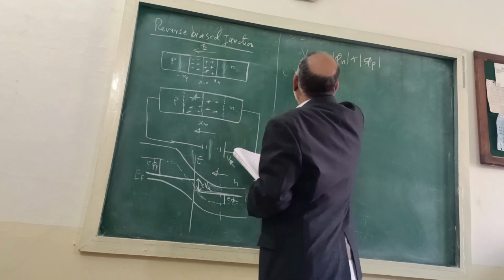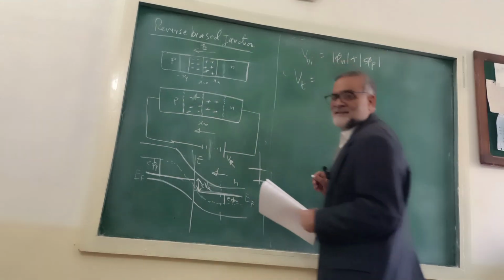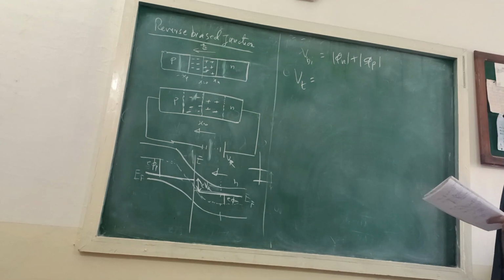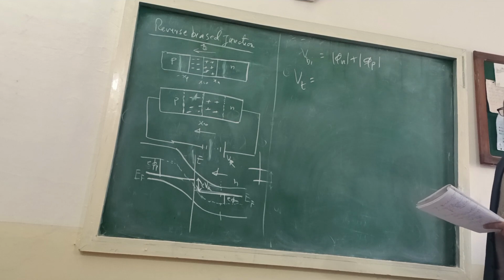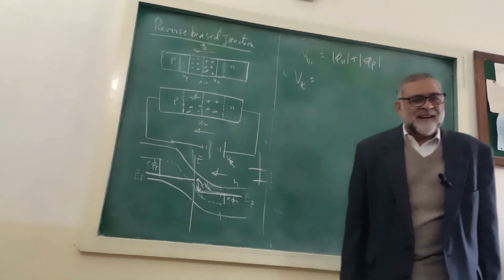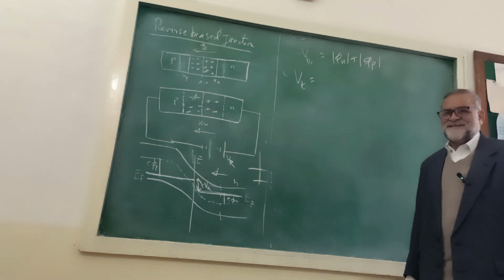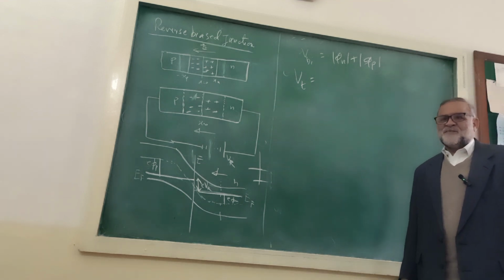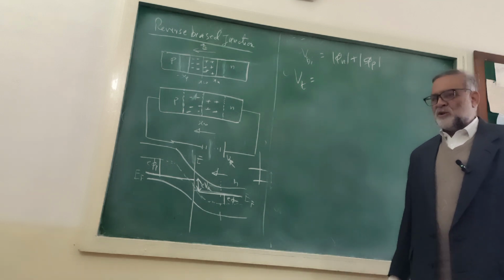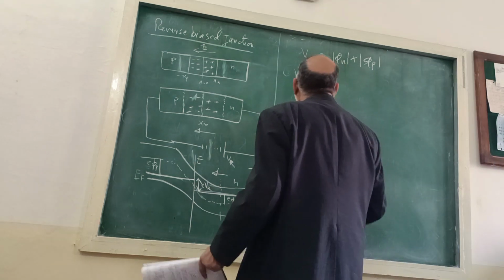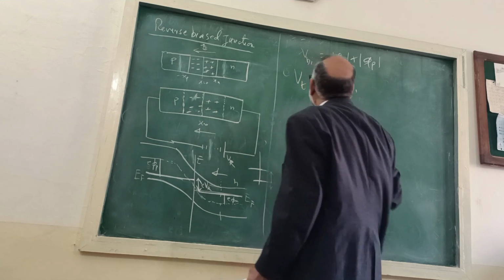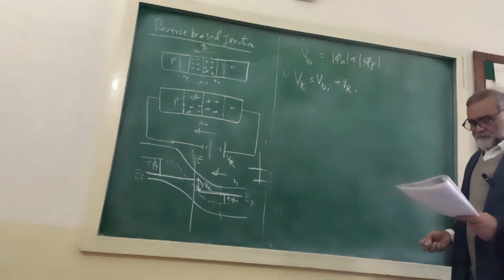And similarly, the V total, the potential difference, is now added because the fields are in the same direction. The fields are added and the potentials will be added. So it will be VBI plus VR. Right?